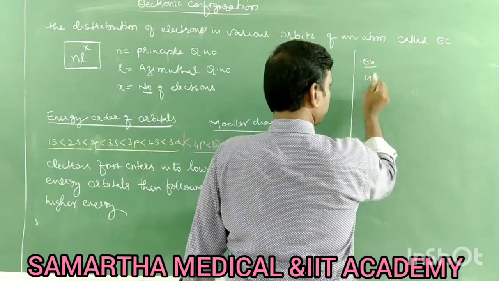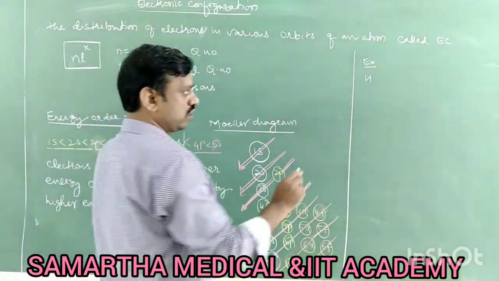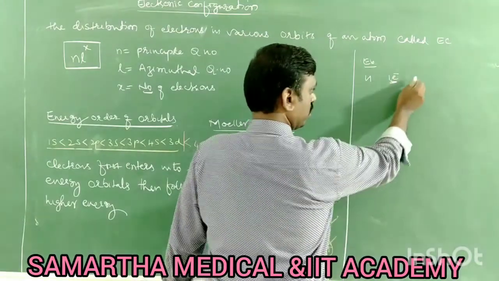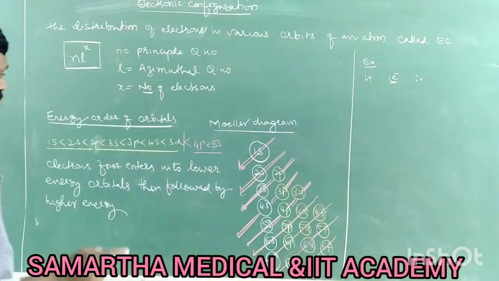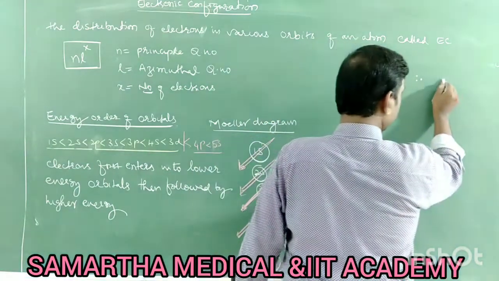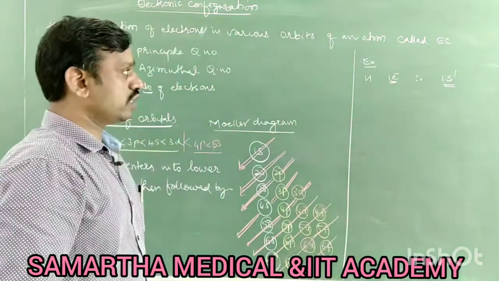What is the electronic configuration of hydrogen? Hydrogen atom has only one electron. Since there is only one electron, that electron first enters into the 1s orbital. Therefore 1s1 is the electronic configuration of hydrogen atom.